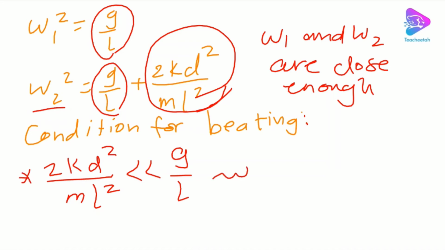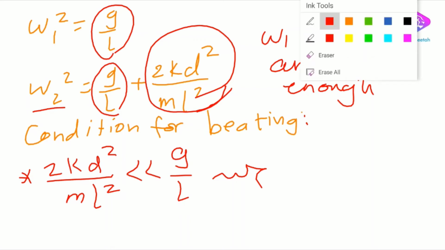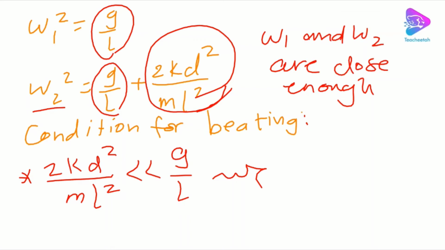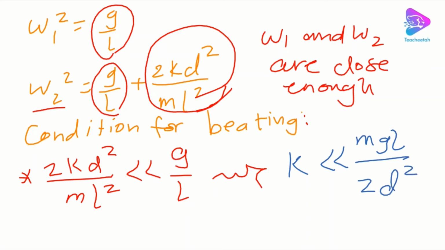If we further simplify it, because we already suppose that, say for example, m is known, d is known, L is known, and k is our design parameter, we can do some cross multiplication and simplify for k. So k must be much smaller than m g L divided by 2 d squared.